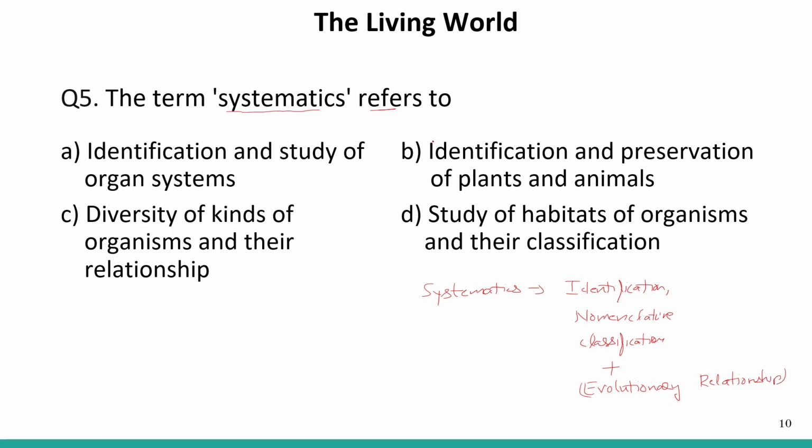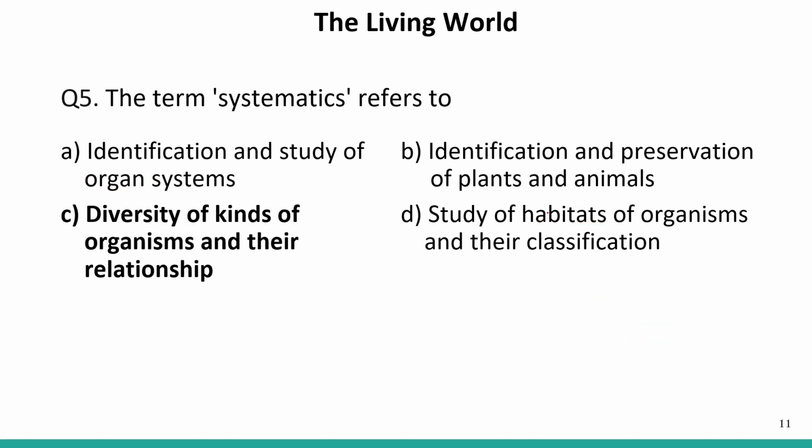All right. So the options are identification and study of organ systems. Organ system, this is not correct. Second is identification and preservation of plants and animals. Third option is diversity of kinds of organisms and their relationship. And the fourth option is study of habitats of organisms and their classification.